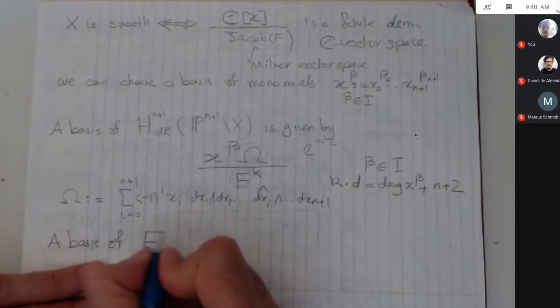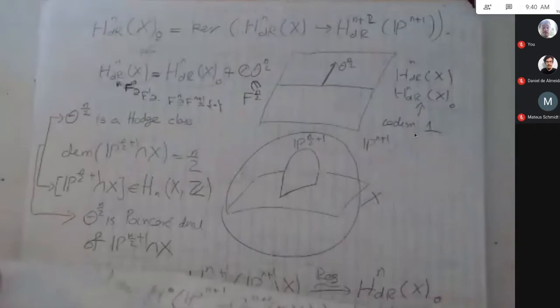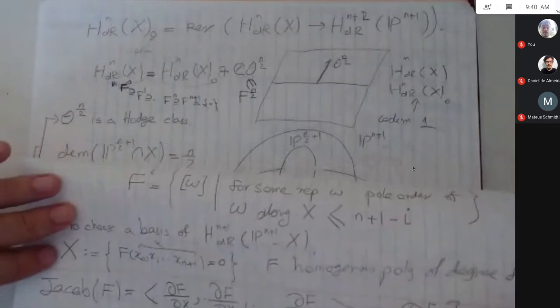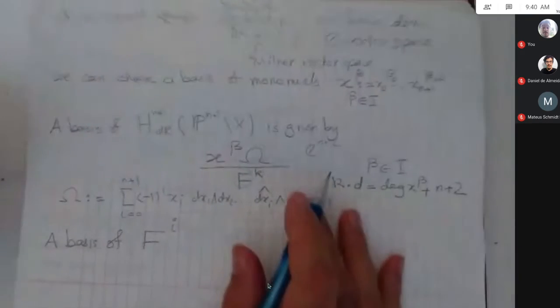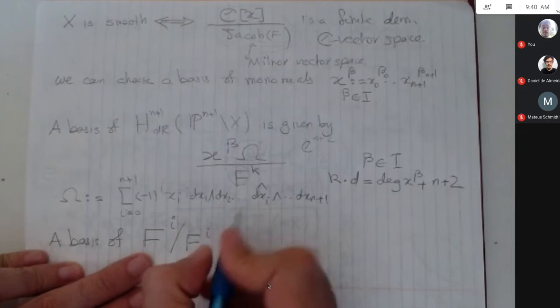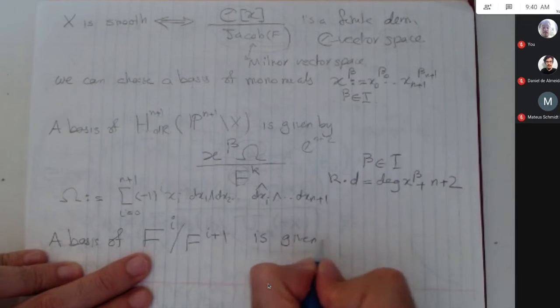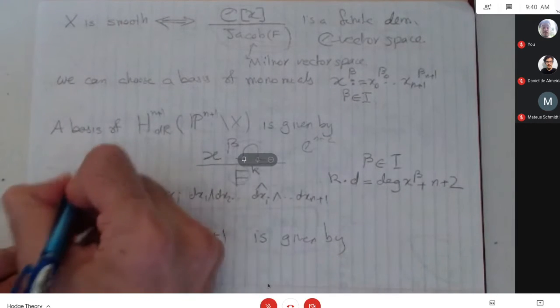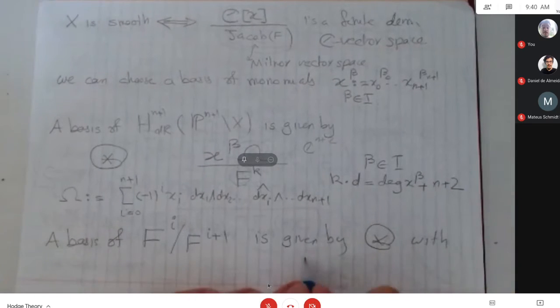So the basis of F^i, it was pole order n+1 minus i. Actually the quotient basis of this F^i is given by the same, with the pole order k exactly equal to n+1 minus i.